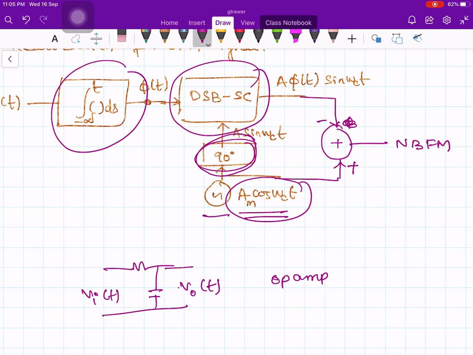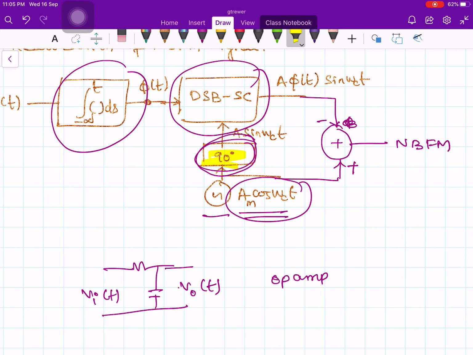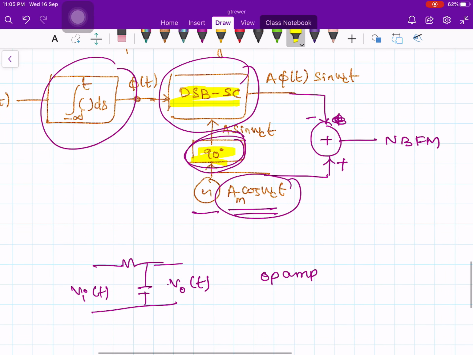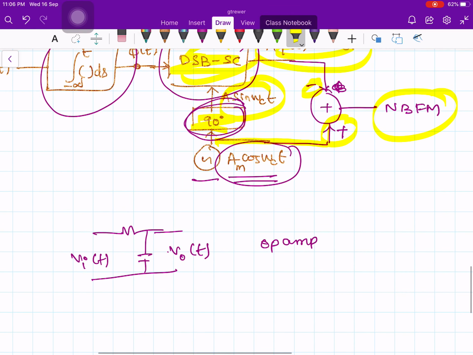You phase shift this by 90 degrees and give it to the DSB-SC modulator, and these two things produce A times phi of t sin omega ct. And here you directly bring the cosine omega ct and subtract this sideband signal from the cosine omega ct, and finally you get the narrowband FM signal. It's a very straightforward realization, nothing much in this.